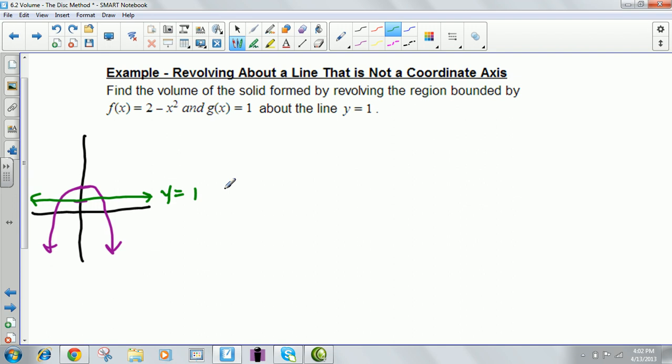Okay, so g of x is equal to 1 and y is equal to 1. They're the same thing. So also, this is your axis of revolution right here. That's where you're going to spin this thing around.